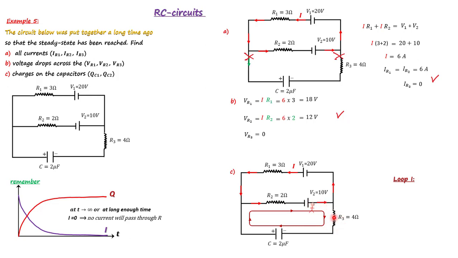There is a resistor, but remember, there is no current passing through this branch. So it's 0. So we walk. Now you see I'm moving from negative plate to positive plate. But the conventional current for the capacitor is from positive to negative. So direction of the current and direction of the loop are not the same.